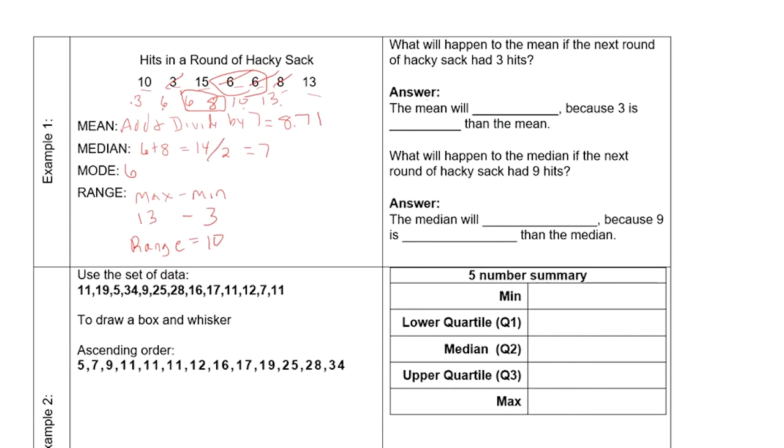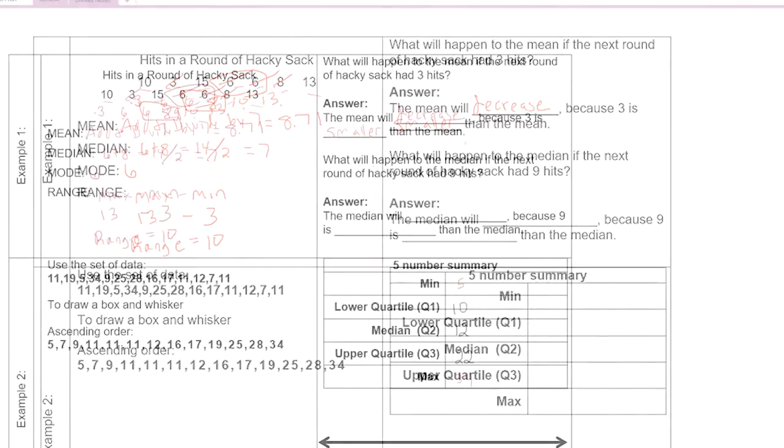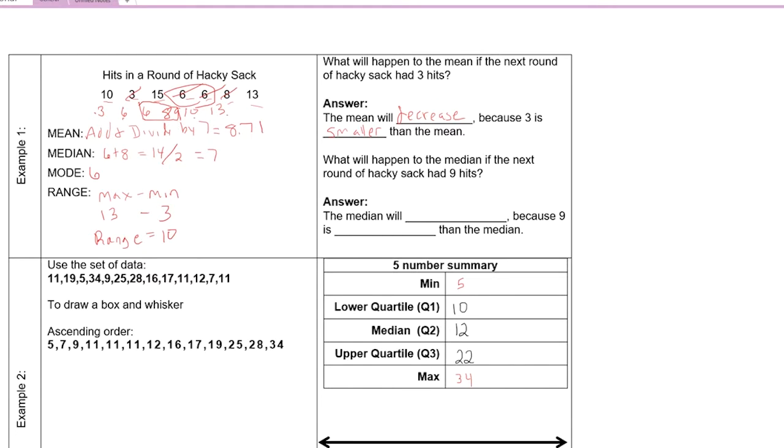The mean will, let's see, if I add in a 3, 3 is smaller than my mean, so we are going to decrease because 3 is smaller than the mean.